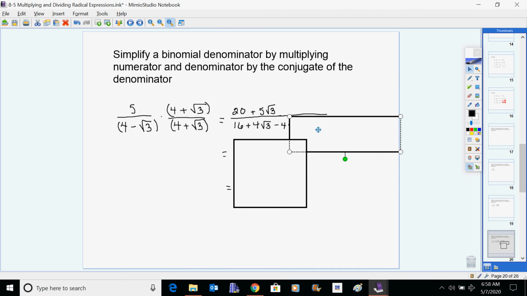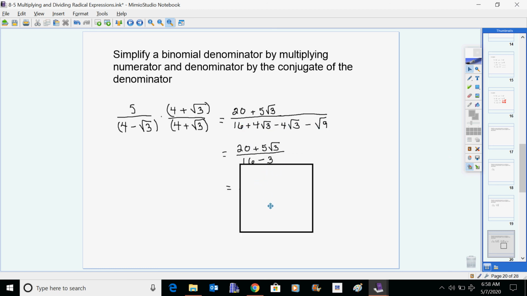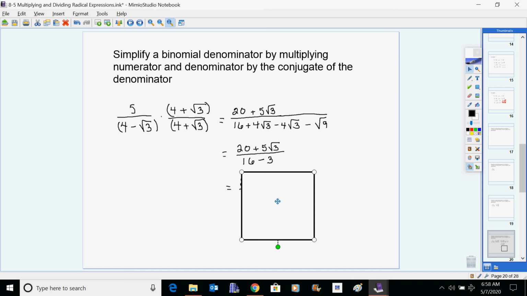Plus 4 square root of 3 minus 4 square root of 3 minus the square root of 9. So our result is that these two are gone, and you're just left with 16 minus 3 in the denominator, which gives you 13. It can't simplify any further. There's nothing in common here.